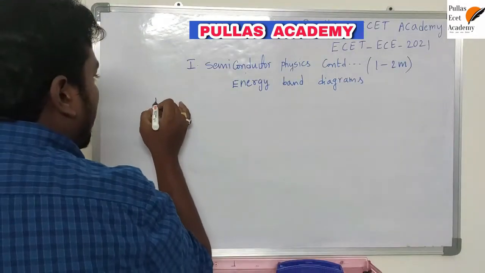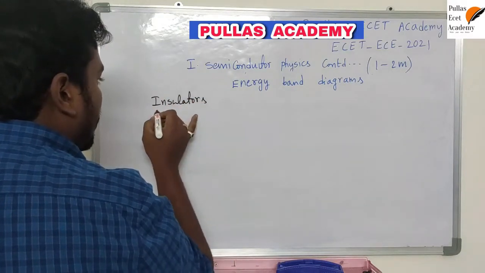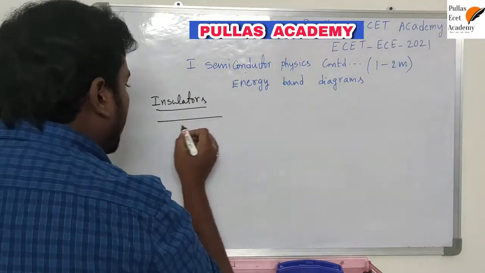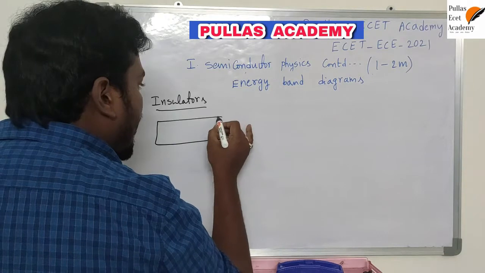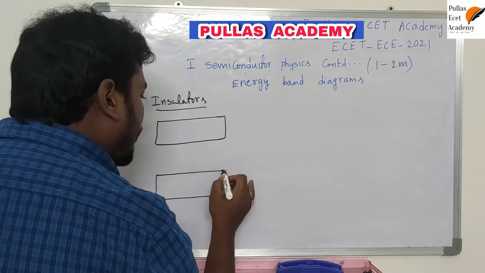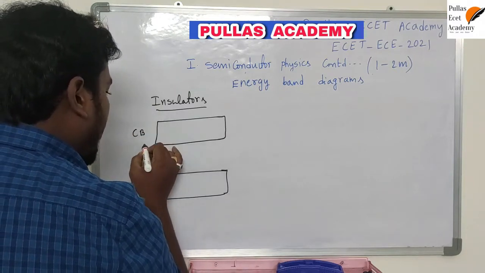So let me consider insulators first. Okay, so you have conduction band, valency band. So this is valency band and this is conduction band.